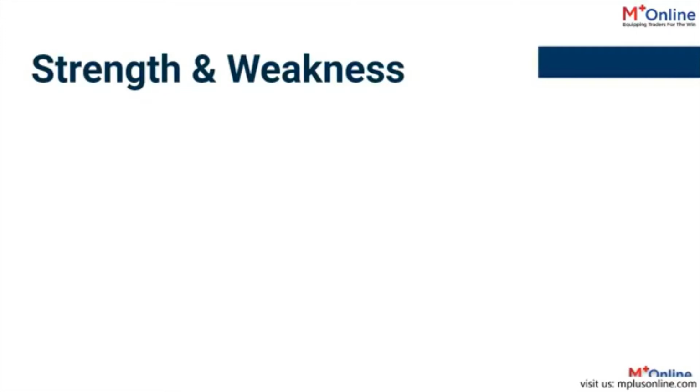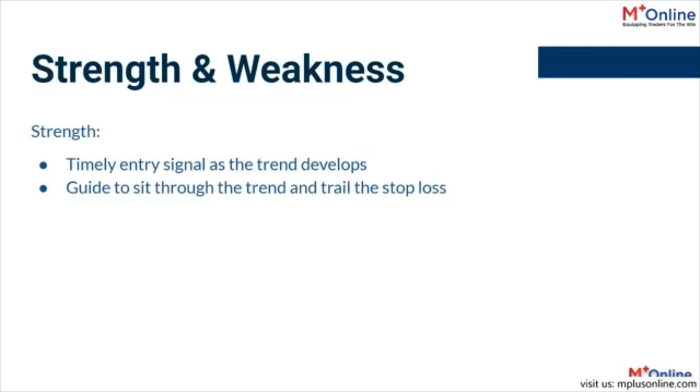So from the case study that we look through, these are some of the strengths and weaknesses that we're able to identify about Parabolic SAR. The strength is it will give us timely entry signals as the trend develops itself. It helps us to catch and get into the position when the trend starts breaking higher and developing, starting off the rally.